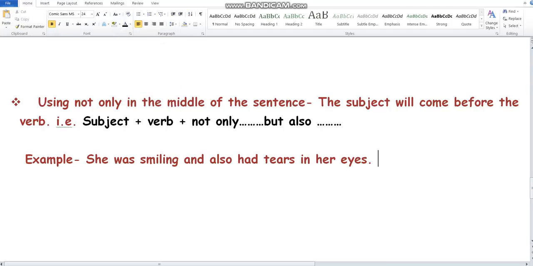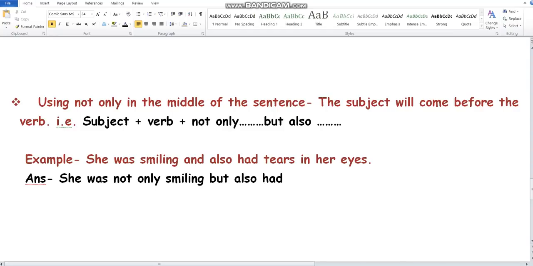You don't have to begin with not only, you have to use it in the middle of the sentence. So the answer will be, she was, first the subject, then the verb. She was not only smiling but also had tears in her eyes.